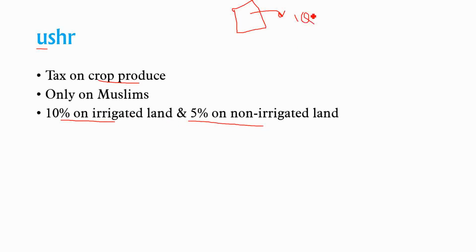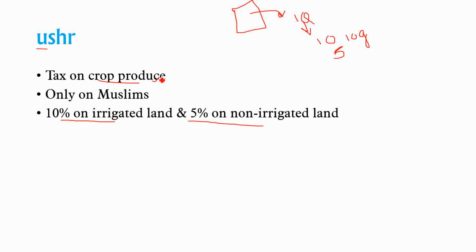If your land comes under irrigated land, then 10% of it, 10 kg, will be the tax. And if your tract of land comes under non-irrigated land, then 5% of your produce will be the tax.